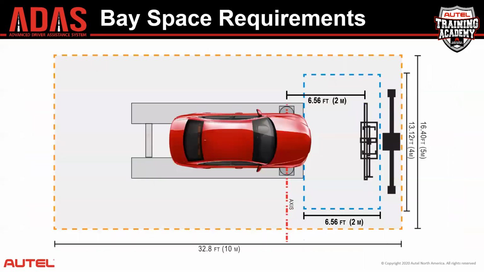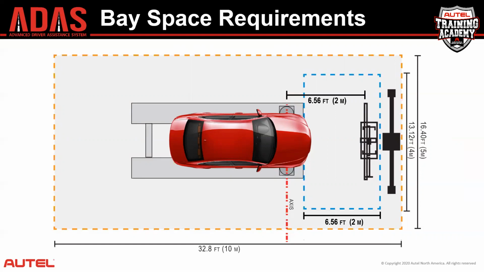However, other shops may perform their ADAS calibrations on their alignment rack. Whether or not it's integrated with the alignment system, you can park the vehicle on the alignment rack, which is flat and level. And then if your calibration system has the ability to compensate for the height of the lift, you can easily perform calibrations right on your alignment rack.